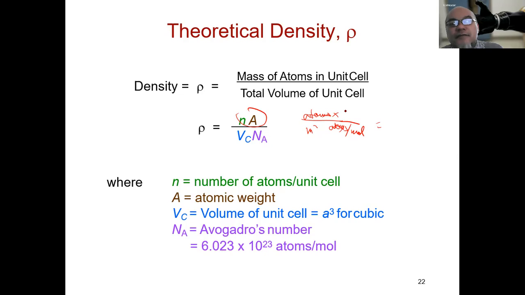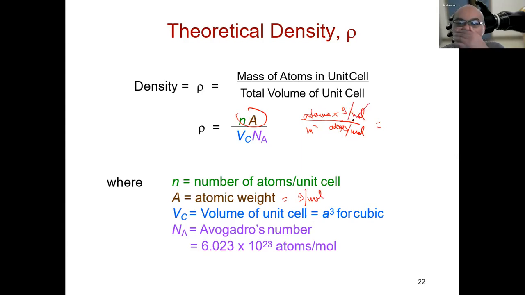If I'm not mistaken, it is the kilogram per mole, right? The kilogram per mole. The atomic number A here is in gram per mole or kilogram per mole, something like that.